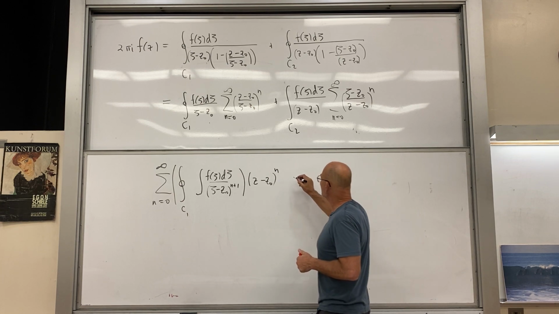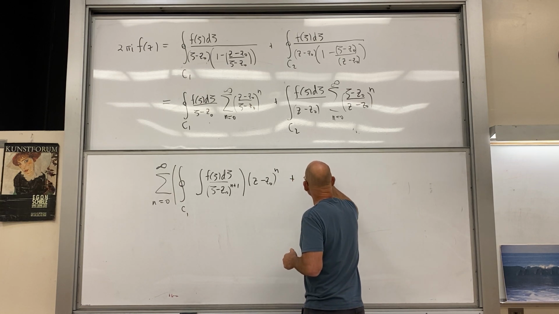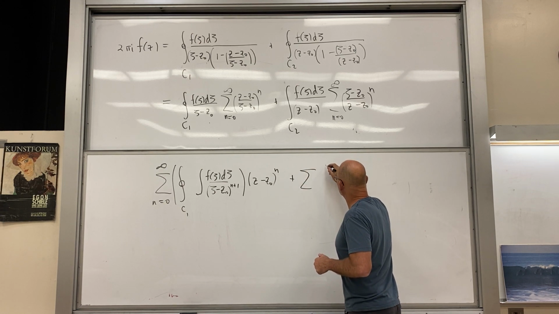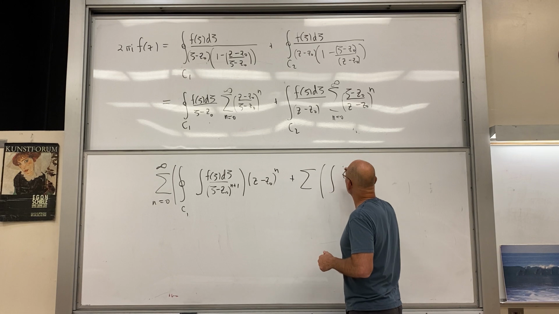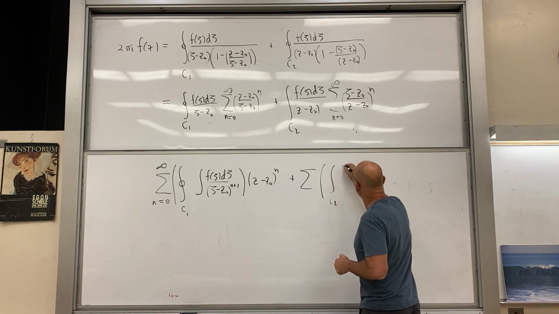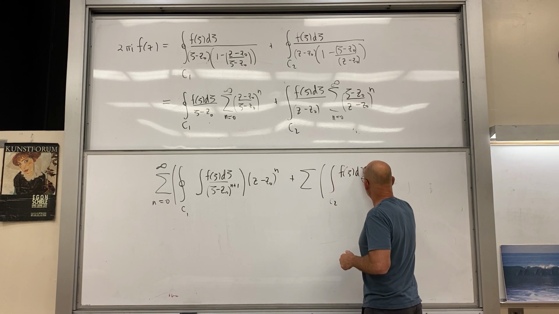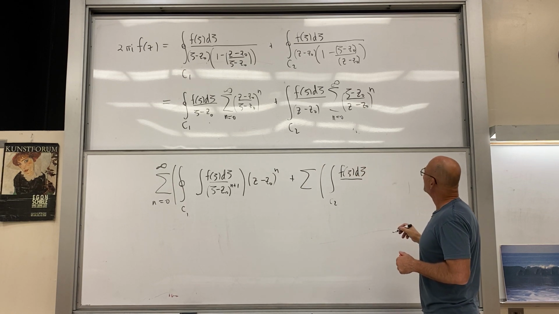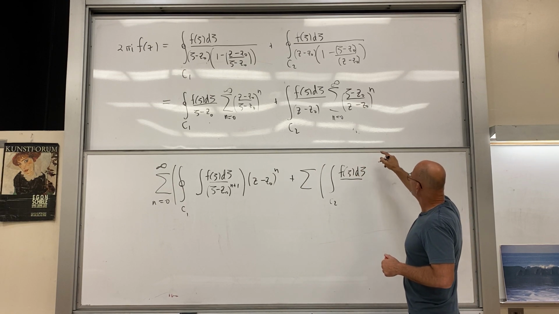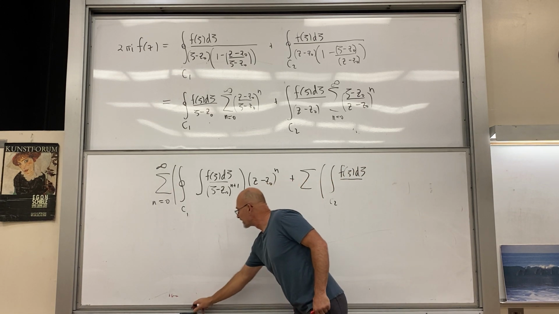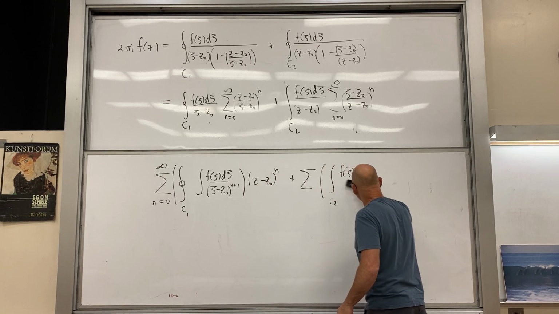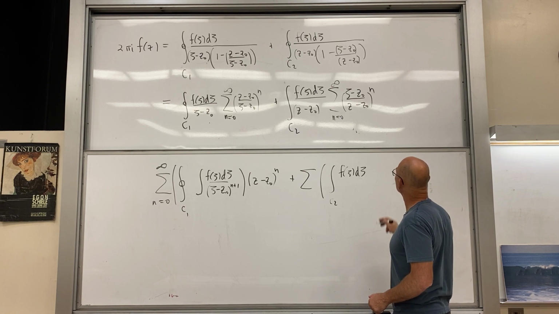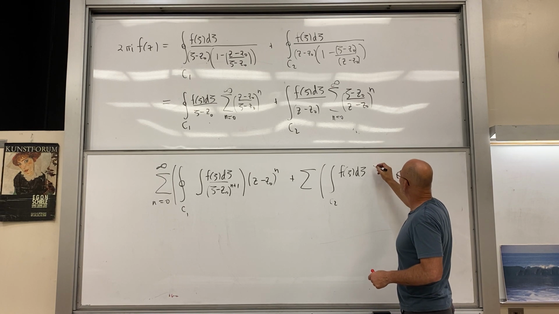Now let's look at what we have here. So we can do the summation outside. We have the integral of f of zeta d zeta. And actually we can keep this in the numerator for the moment. Keep this in the numerator for this time right here.